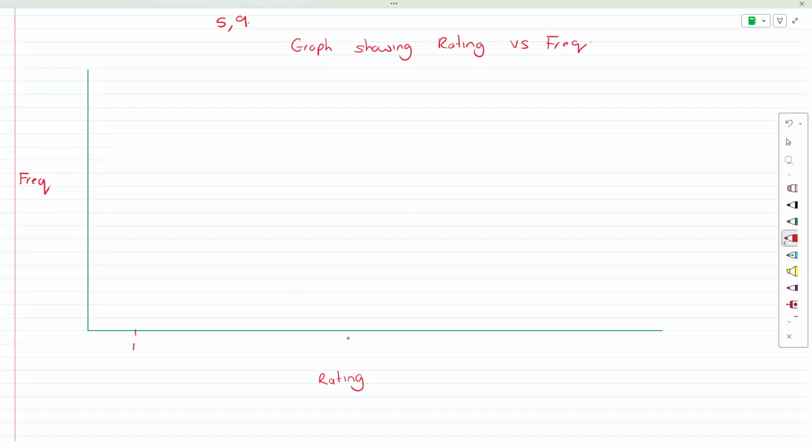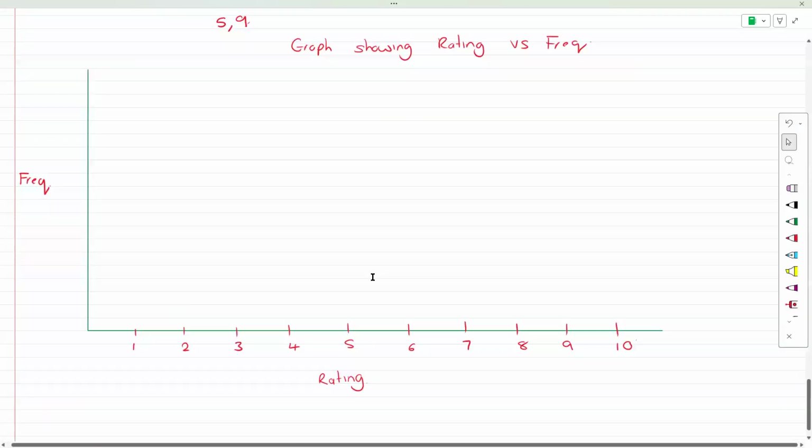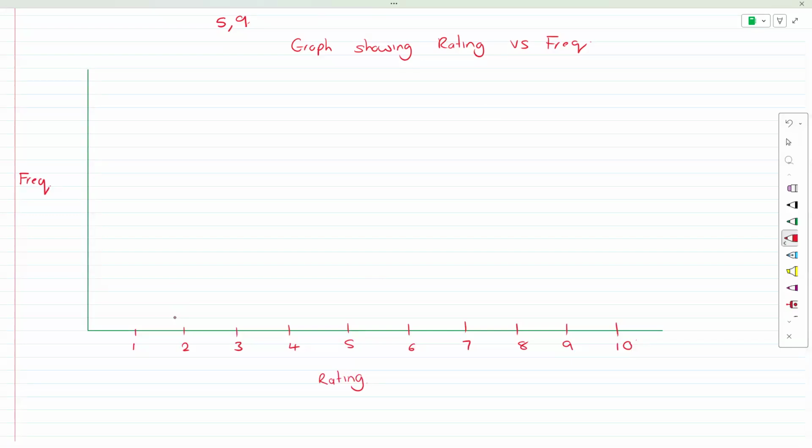Let's go with 1, 2, 3, 4, 5, 6, 7, 8, 9, and 10. Let's go with frequency would be 12, right? Go in twos. I can even go, you know what, in ones.